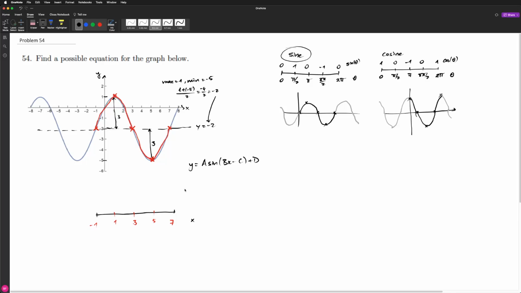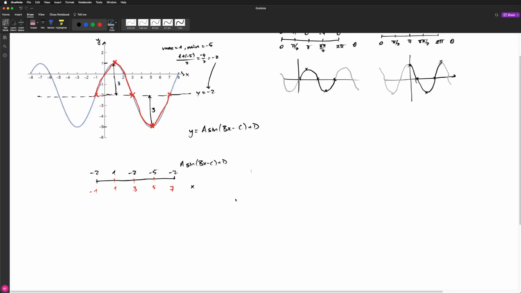If these are the values for x, these will be the values for a sine(bx minus c) plus d, and they're going to be -2, 1, -2, -5, -2. So what we try to do is figure out A, B, C, D for my 5 points and see how much those 5 points of sine have transformed.